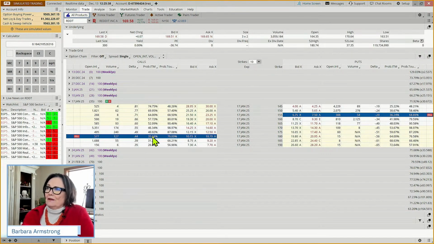And what are the probabilities? Well, right now, the probability of this being in the money come January 17th is 35.8%. So we've got a 64% chance of it being below 180 come January, but you've got a 76% chance that it will go up and at least kiss it.